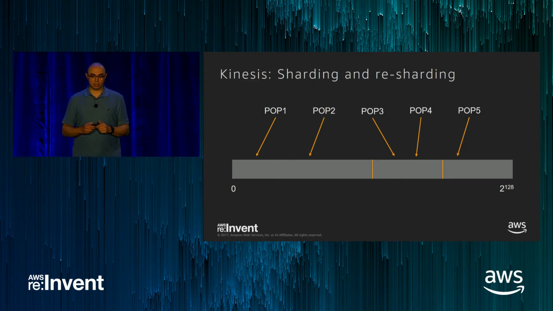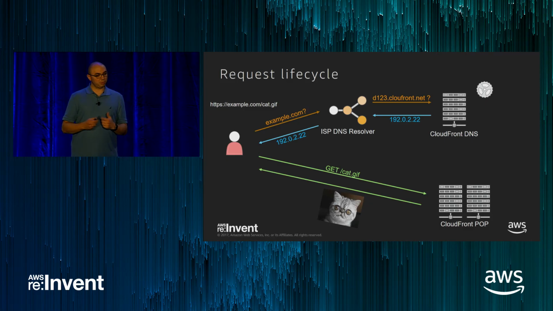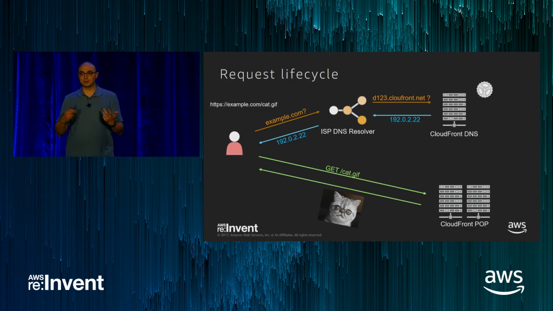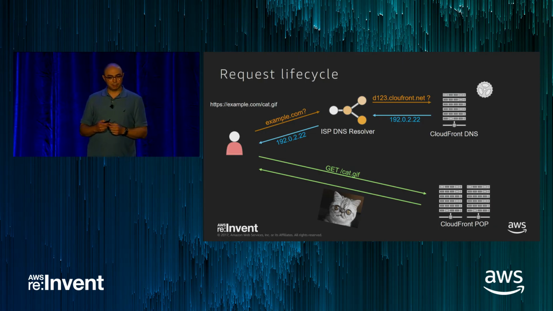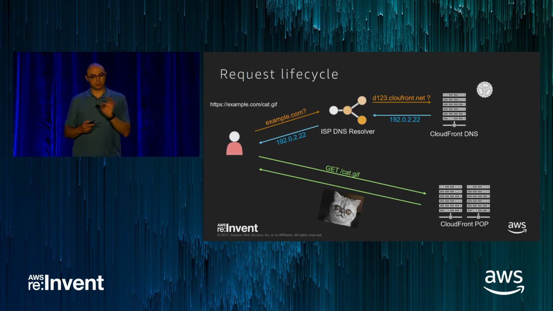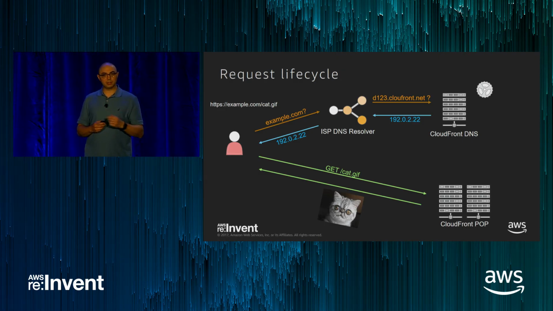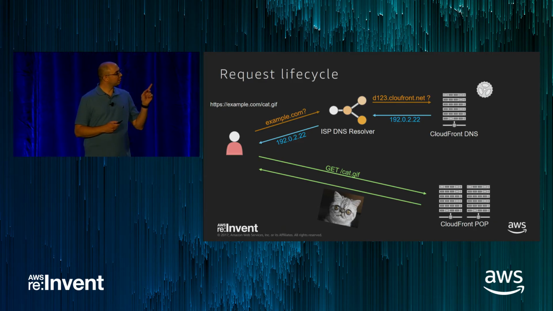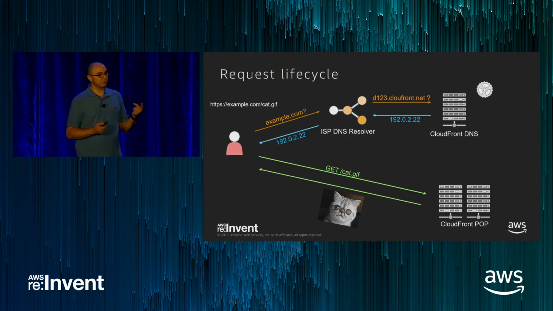Okay, back to CloudFront. I told you before, when I explained the request lifecycle, that we have to make this decision based on the ISP resolver. The ISP resolver will not tell us the IP address of the viewer. It will tell us the IP address of itself.